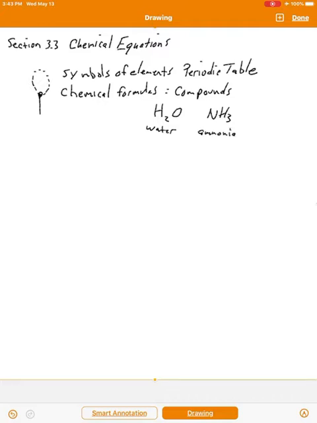Okay, so we use symbols of the elements and then the chemical formulas for compounds. And the idea is, it's in a sense kind of like an algebraic equation. So for example, we might have this particular reaction represented as an equation.